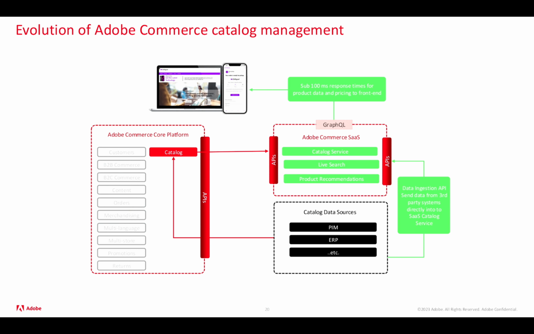And here, if you don't notice yet, one of the very cool things is the data ingestion API. As you may see on this diagram, the data ingestion API directs data flow from a data source, which might be represented by PIM or ERP, directly to Adobe Commerce Optimizer, bypassing the monolith, which is very cool, which makes the catalog system independent.